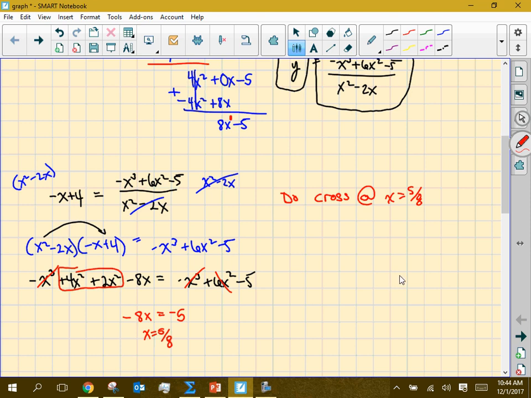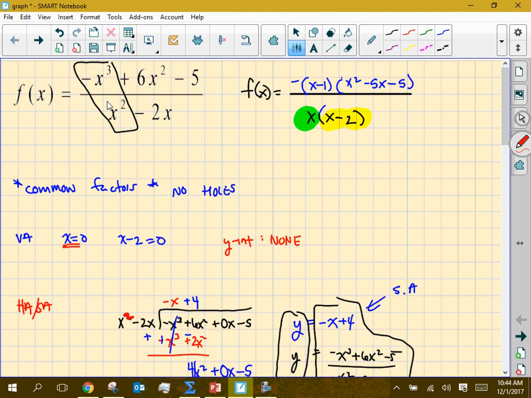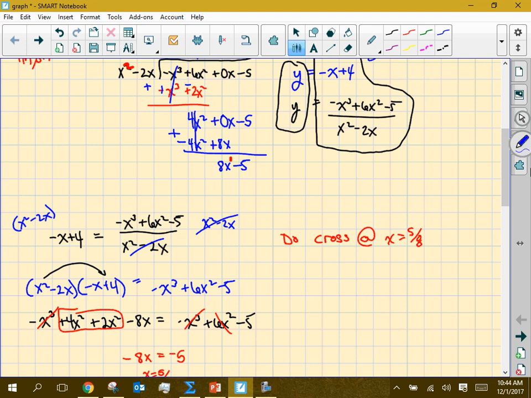Well, in order to find out where that actually is, in regards to the y value, we'll take that 5/8 and we'll plug it back in to this stuff up here. Okay, now it gets messy because of that fraction, but if I'm thinking about f of x, and now we're plugging 5/8 for x, so f of 5/8 is what we're really looking at.